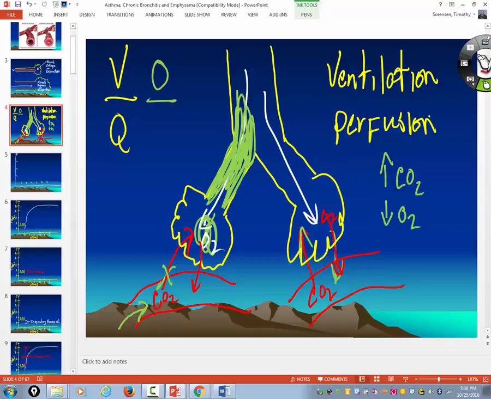No ventilation, but they are perfusing it. The result is that you're going to hold on to more carbon dioxide and you're going to get less oxygen.